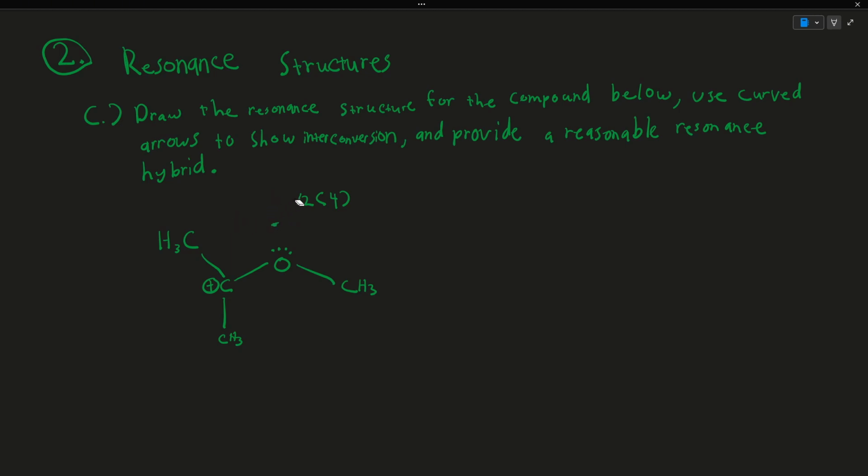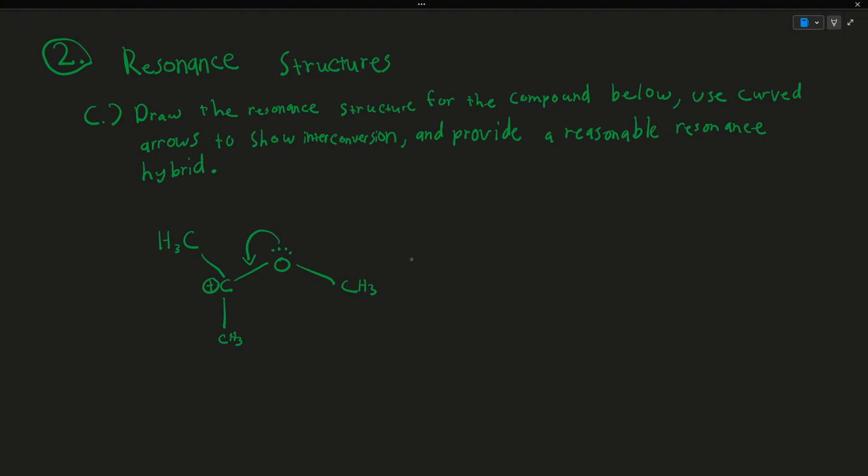But anyway, we see that the carbon is electron deficient, and we see that the oxygen has electrons that it can use to do resonance. So we could delocalize one set of electron pairs to here, for example, and form a double bond between the carbon and oxygen.